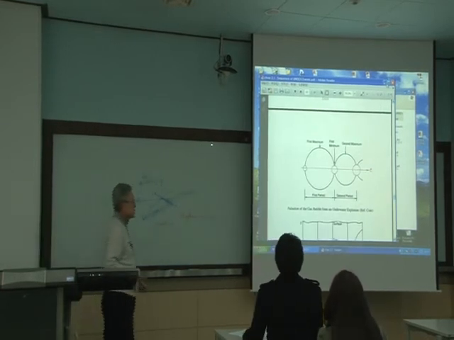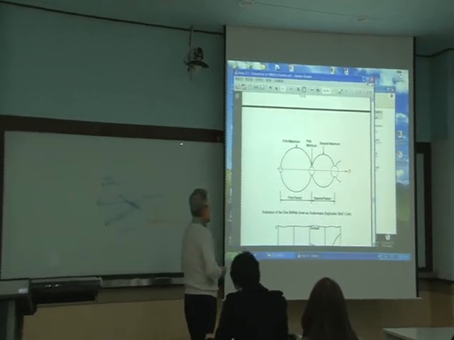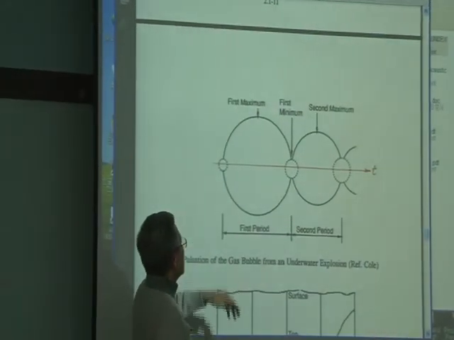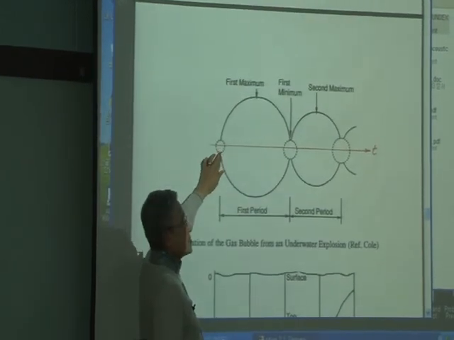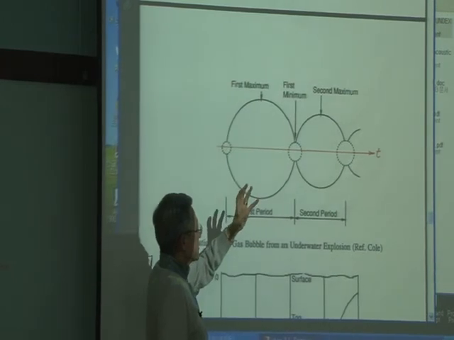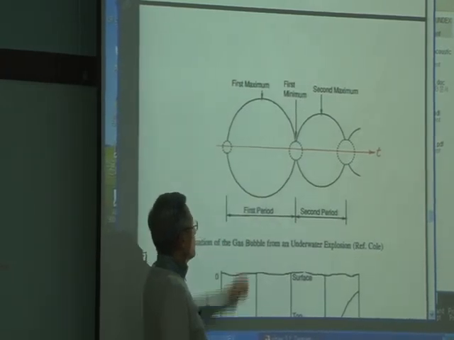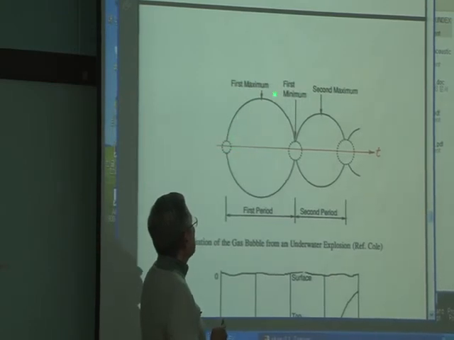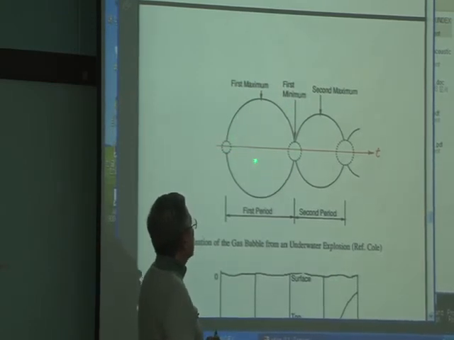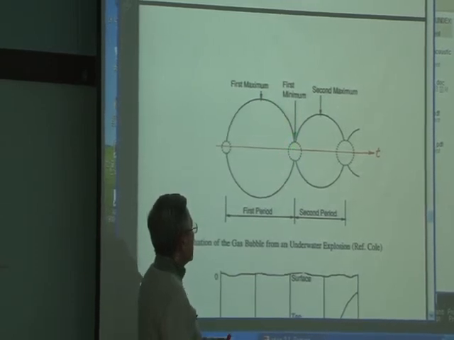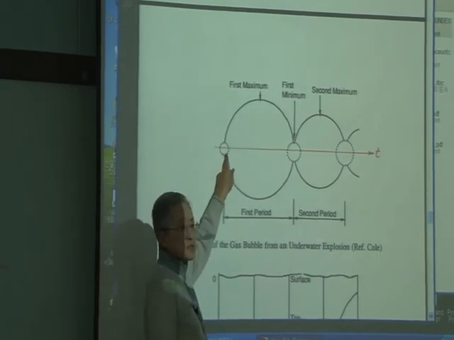And this is the gas bubble size, and horizontal x is time, and at the beginning, the small original explosive size. As it explodes, it will really grow, right? Gas bubble grows to a maximum, then down to a minimum. The minimum size is slightly higher than the original size.